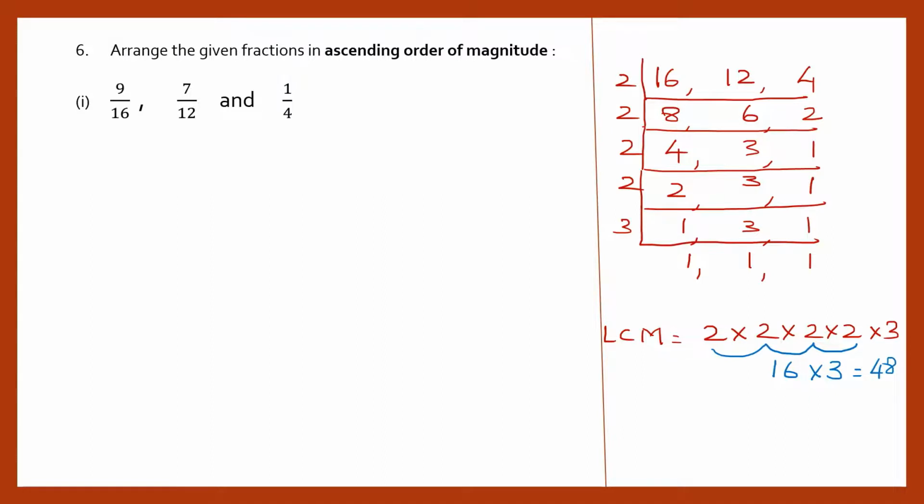So what is my LCM? LCM is 48. Now I'm going to use this as my common denominator. So let me start by writing the questions first: 9 by 16, 7 by 12 and 1 by 4. Now my denominators are all going to become 48.